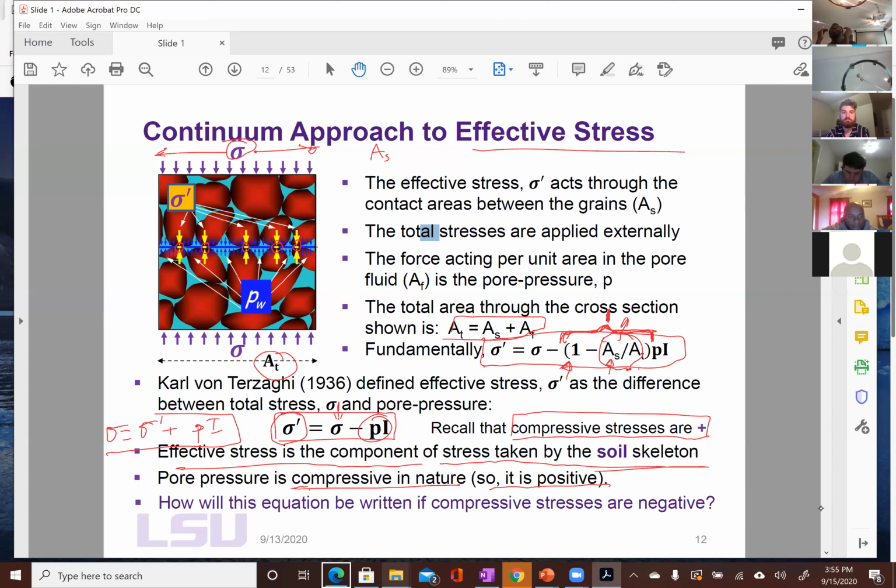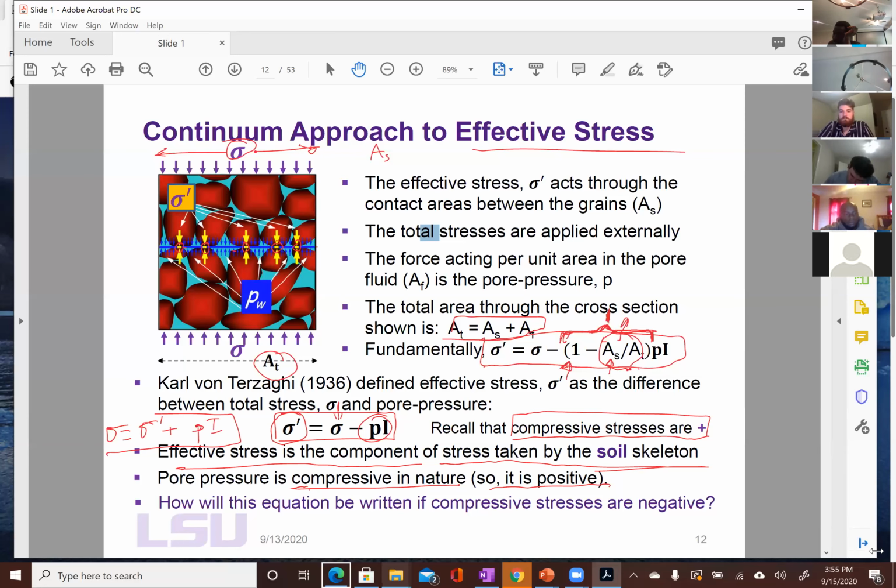How do we think about pore pressure being compressive? When you apply the stress on the formation, the pressure of the fluid increases. When the pressure of the fluid increases, it pushes against the porous medium, right? So it compresses the solid, the skeleton, and that's why it's considered positive all the time, regardless of your unit.